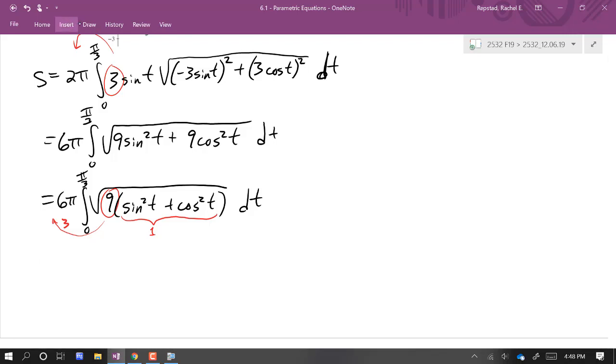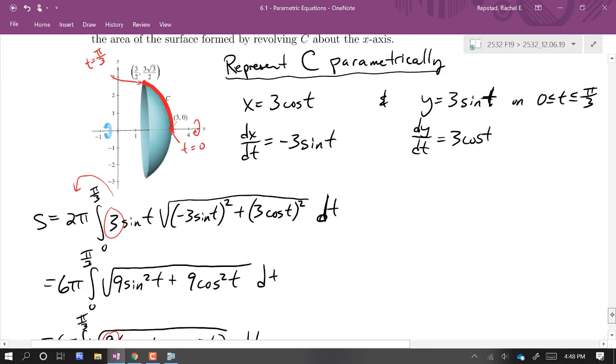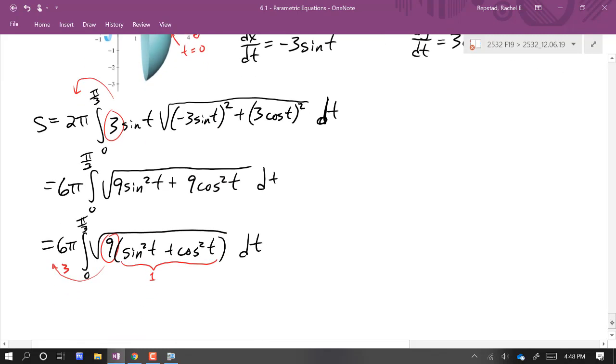Oh, and hold on one second. I'm going to point out I made an error that is fairly simple to chase down, but up here in this first line, I had this factor of sine t outside, which should be there, and then I seem to have just dropped it on the next line.